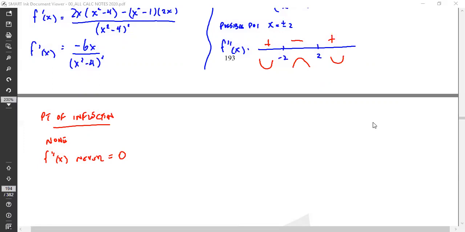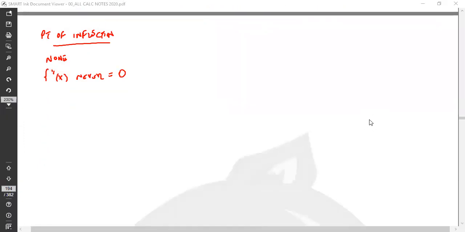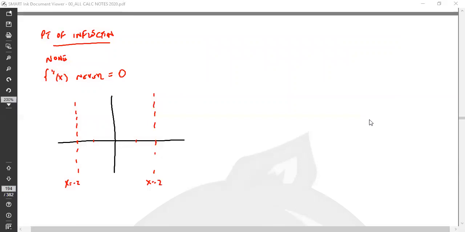And if we put all of this together, so let's do a nice little sketch of this. All of these things put together, we know we've got vertical asymptotes at ±2. We know that from our domain.